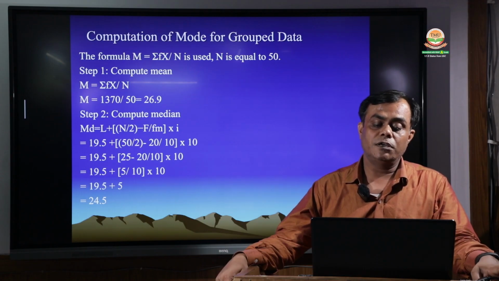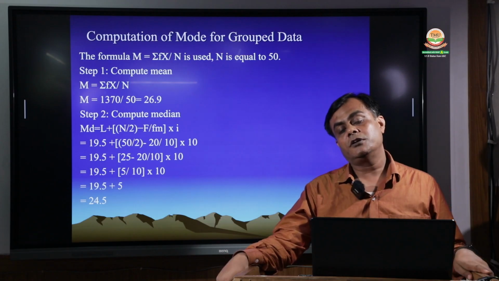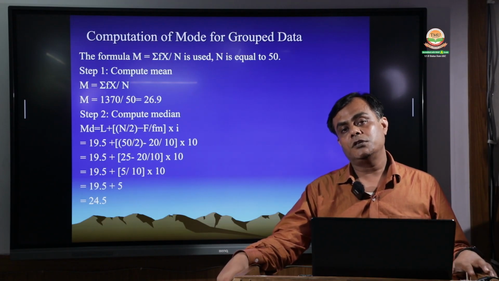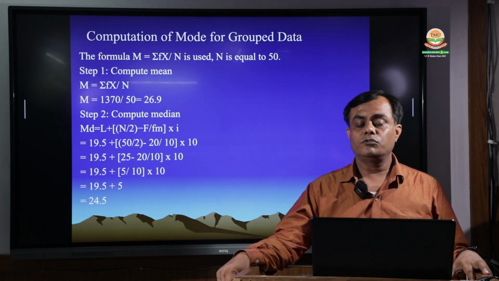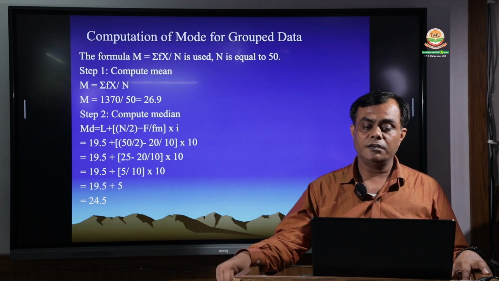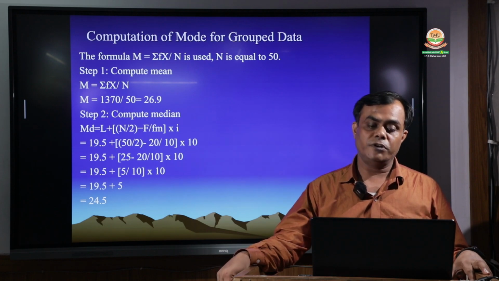In this formula, the mode value is calculated by using the median value and the mean value.